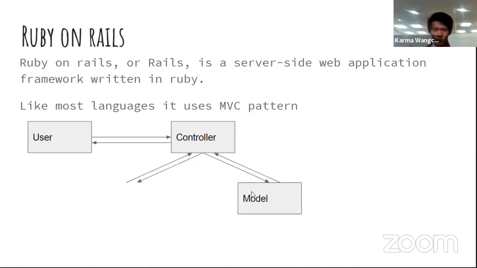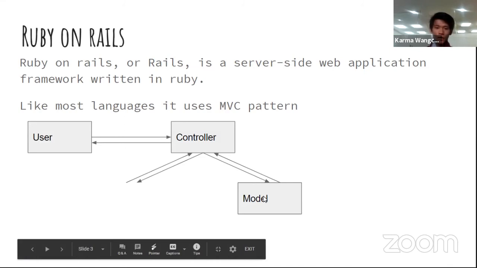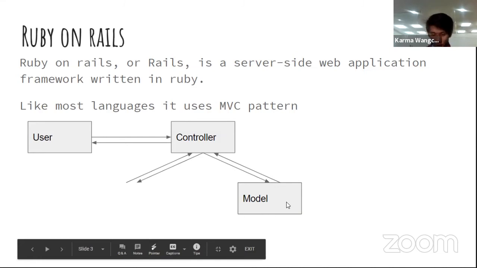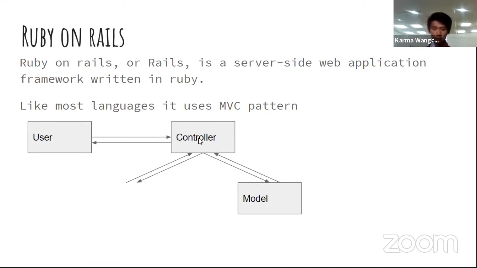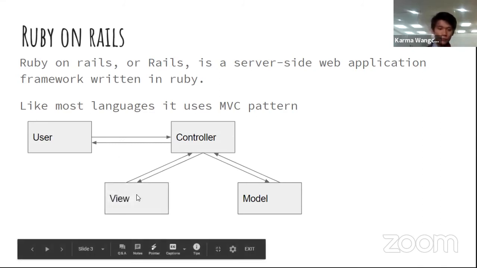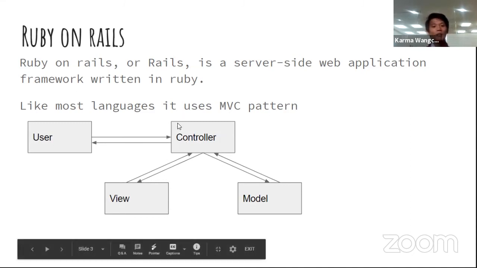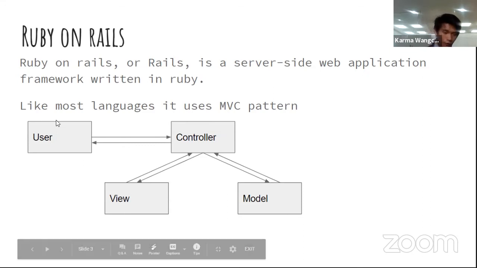Model is used for the logical background of the entire programming language, and it also manages the database. So it will go inside a database and bring out the lists of panda and give it back to the controller. So the controller will give that data to the view, and this view will take the data and give it a simple GUI presentation, and this presentation will be given back to the controller and the controller will show it back to you. So you'll have the result at the end of what you have desired.